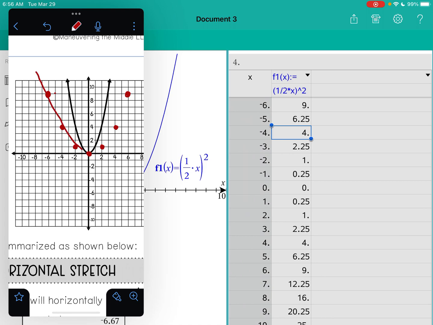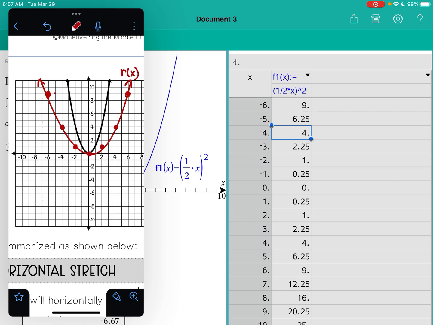So I'm going to connect my dots. There we go. Okay. So this right here we're going to label as r of x. So red is r of x.